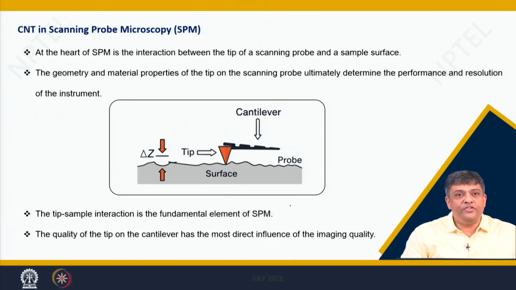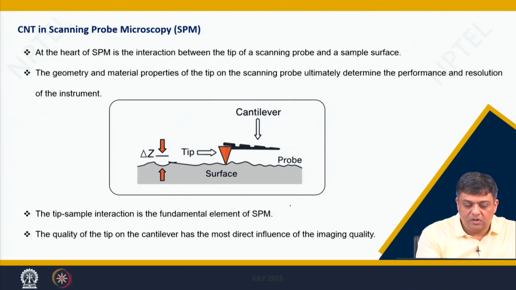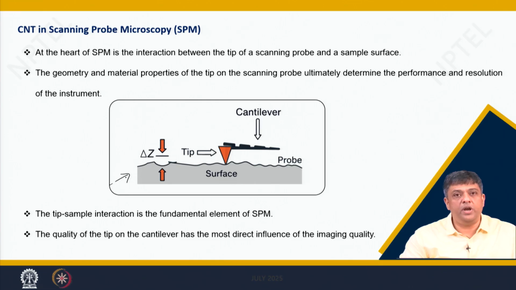So, if you see, you can have a surface, when you zoom it, it may not be smooth, you can have a rough surface, and this is typically the case.